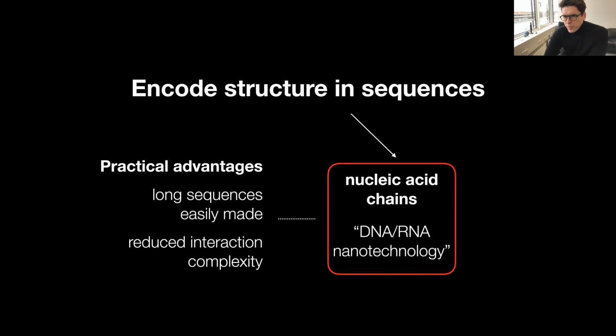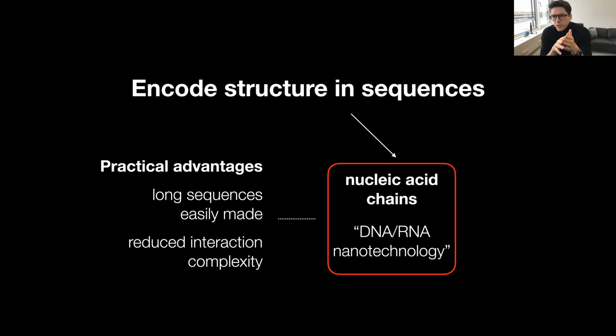When you work with natural amino acid chains, you basically have a library of 20 building blocks, 20 different amino acids, and a huge variety of physical interactions that can take place between these amino acid rest groups.